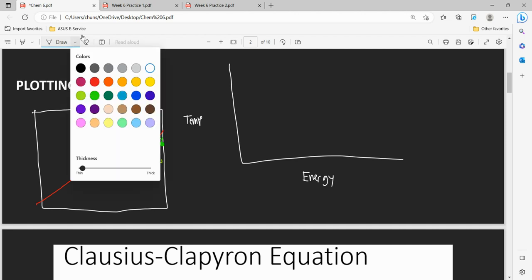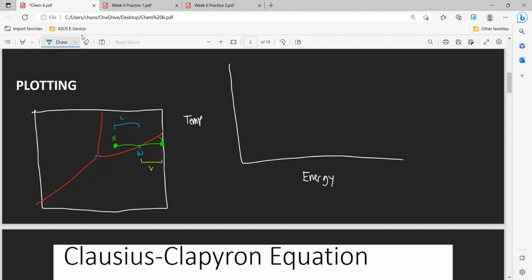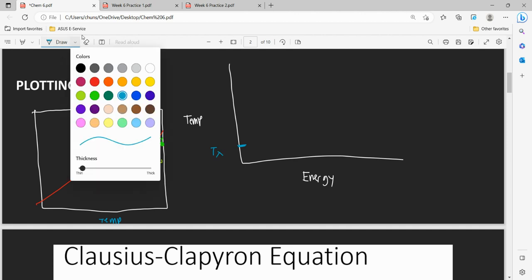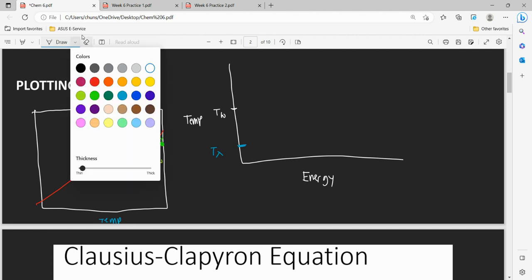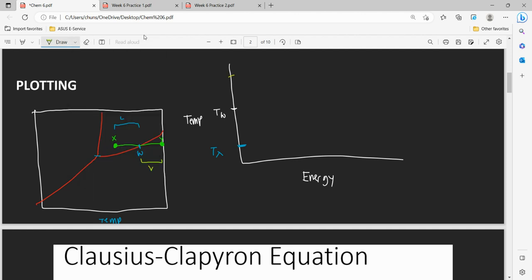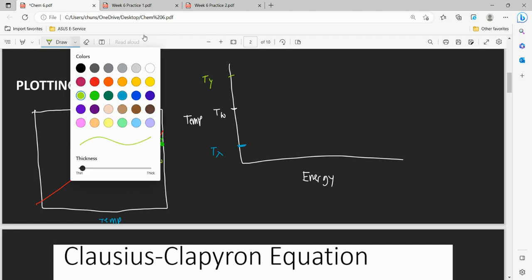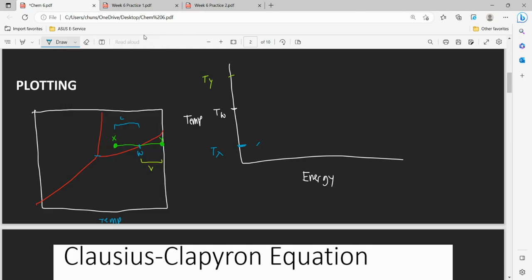Okay, so our first one, we are starting at a lower temperature as we go to a higher temperature, because this is a temperature plot here. So we're going to start with our temperature at point X, our temperature at W, and our temperature at Y. And this looks like this.